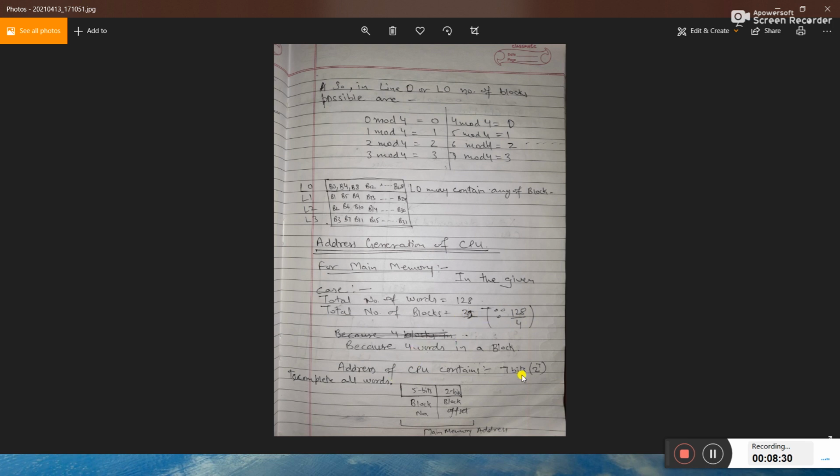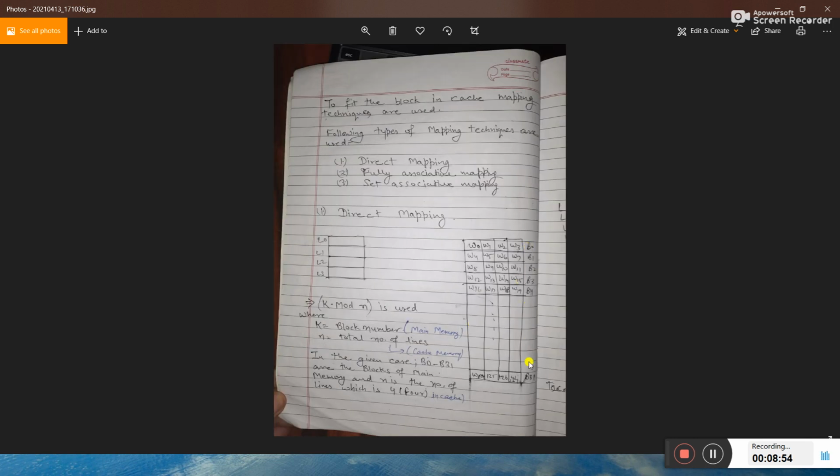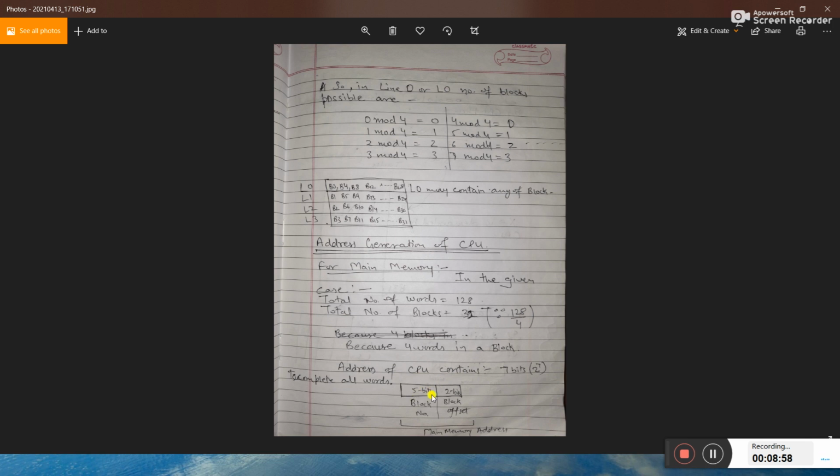so the address of the CPU for main memory will provide a 5-bit block number. Because there are 32 blocks, B0 to B31, I need only 5 bits to define these 32 blocks.